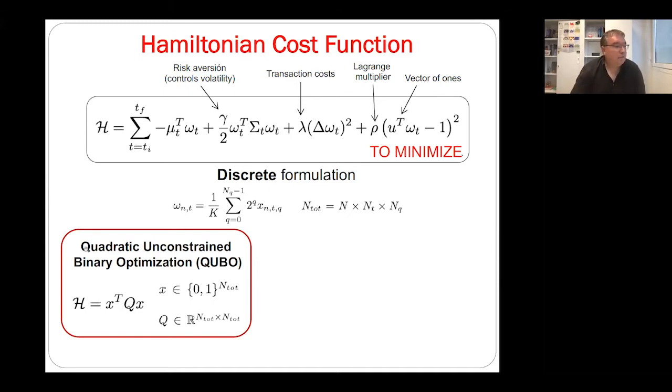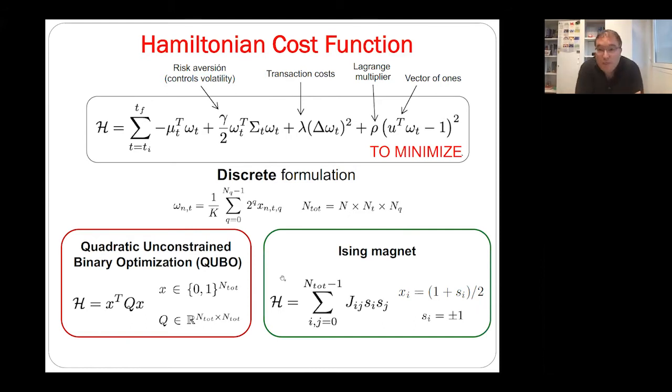It's quadratic because it's a quadratic form, of the form x times something times x. So it's like a parabola, all right? It's unconstrained because a priori all the constraints are there. And it's binary optimization because it's either 0 or 1, okay?